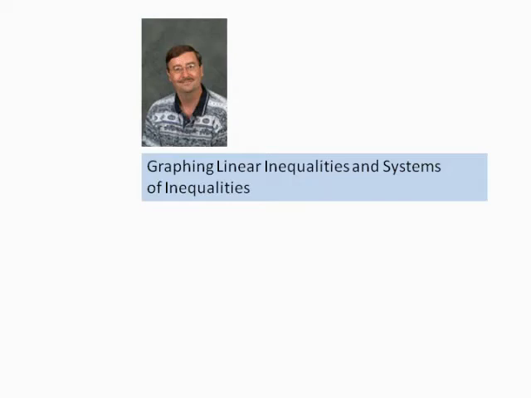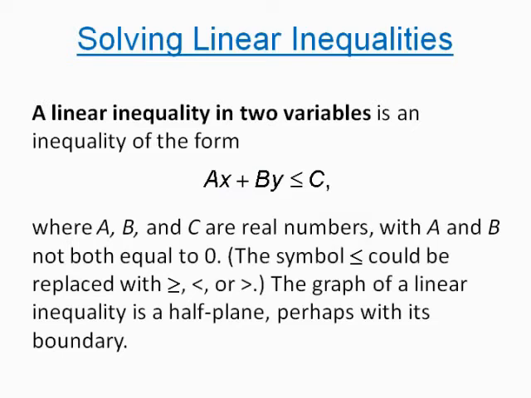Now, a linear inequality in two variables is an inequality in the form ax plus by is less than or equal to c. Some of you are used to seeing this with linear equations, graphs of lines, the standard form, but you're used to the equal sign and not these fun inequalities, where of course a, b, and c are real numbers with a and b not both equal to 0.